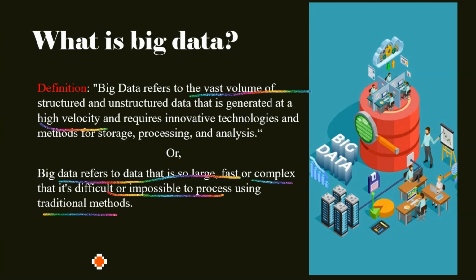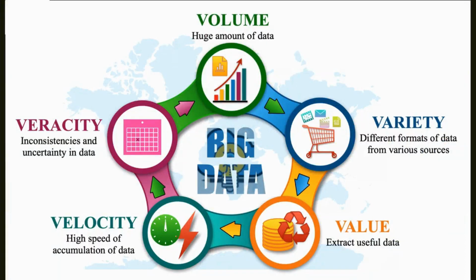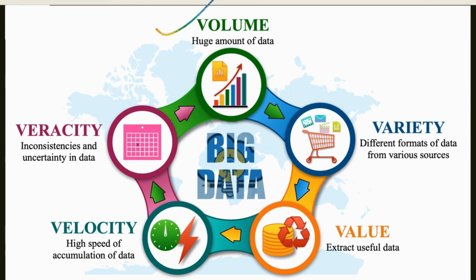Now let's check what the characteristics of big data are. Here are 5 main characteristics of big data, which start from volume, which states a huge amount of data. The second one is variety. Variety means the different formats of data from various sources, like mails, media files, videographies and so on. These are all different varieties of data.